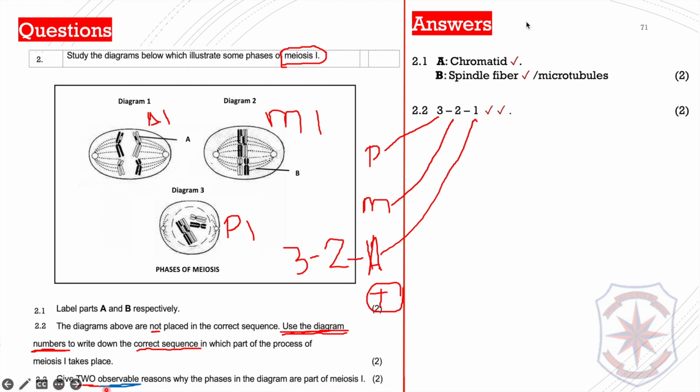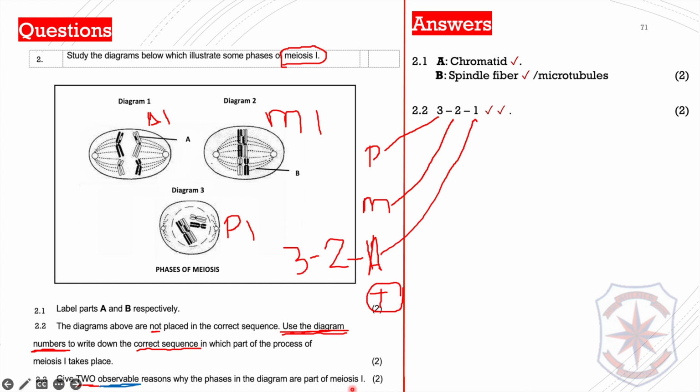So when they say observable, they mean the ones that we can observe in this diagram, the ones that we can see. So they are telling you that they are part of meiosis 1.